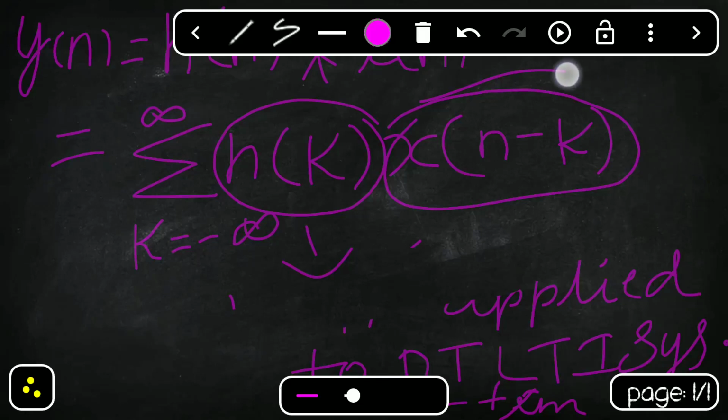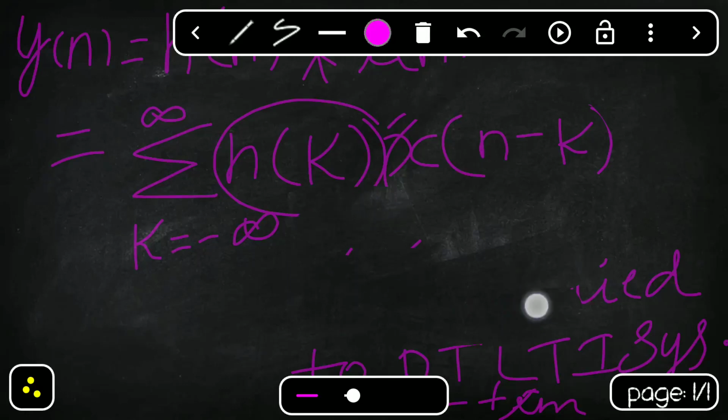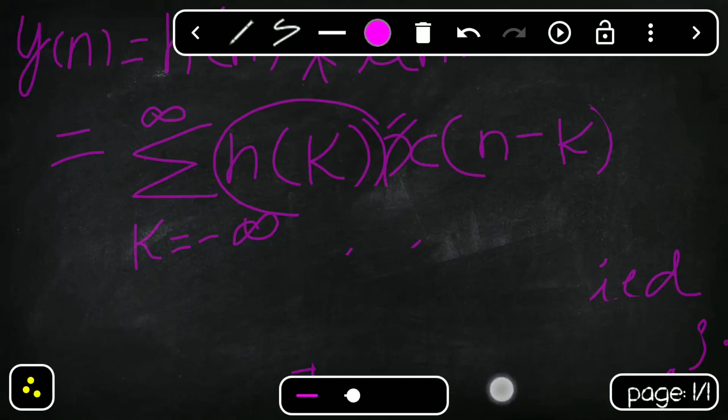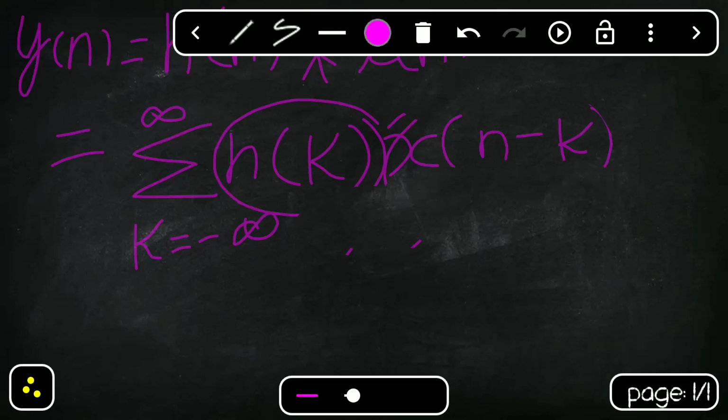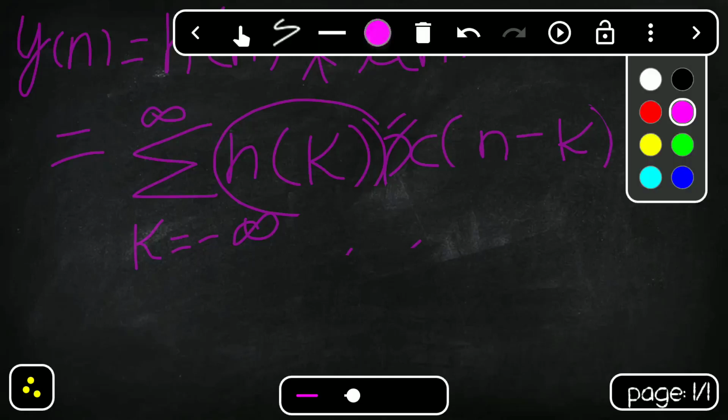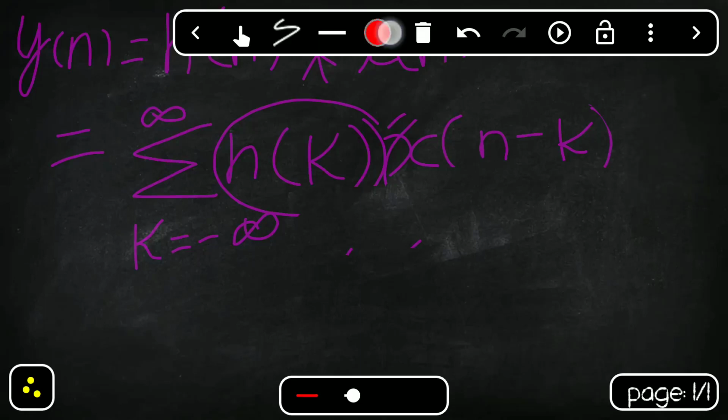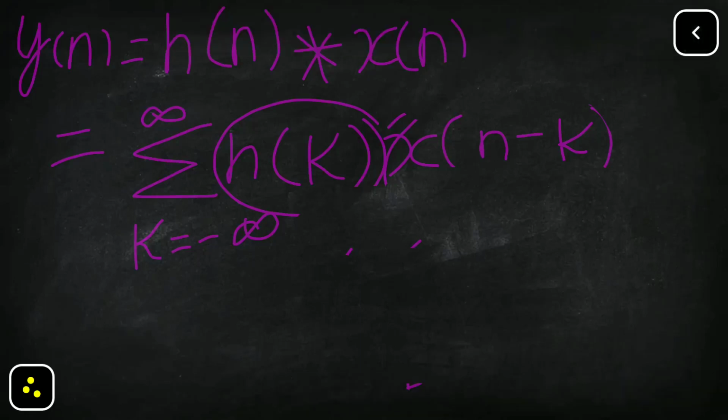What is the next procedure? So my next procedure is, this is x of n minus k now.